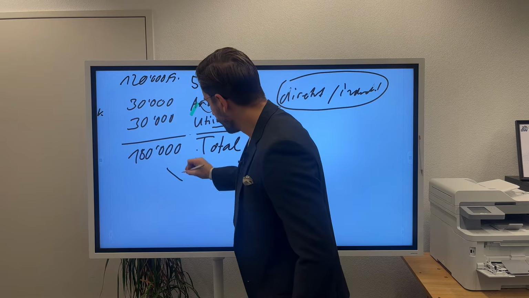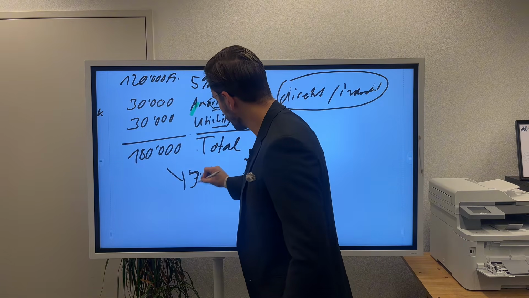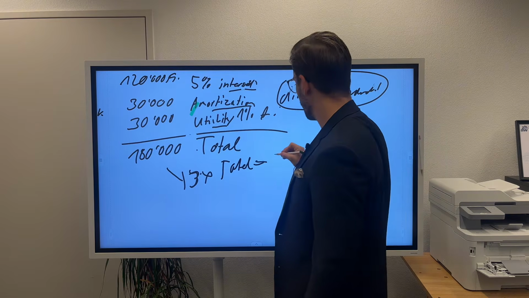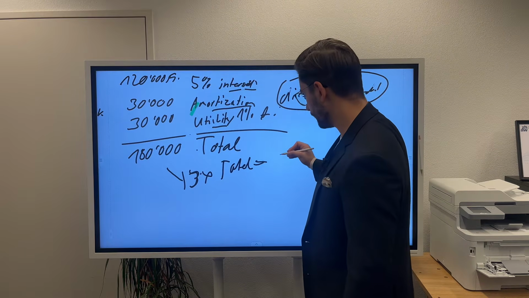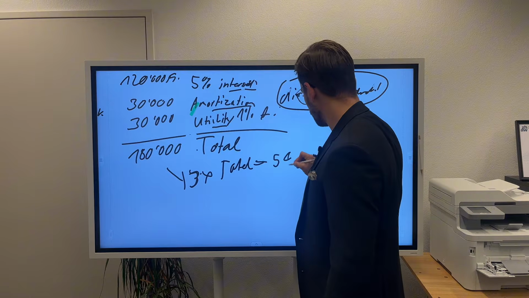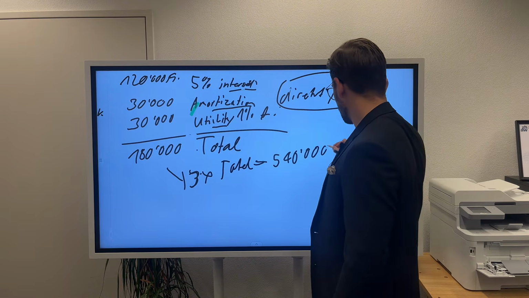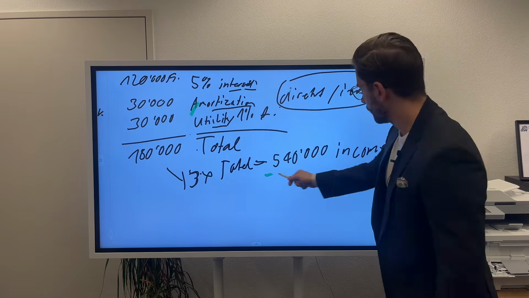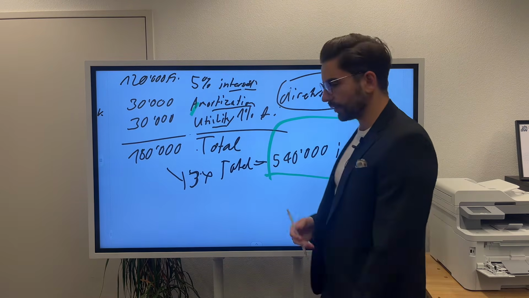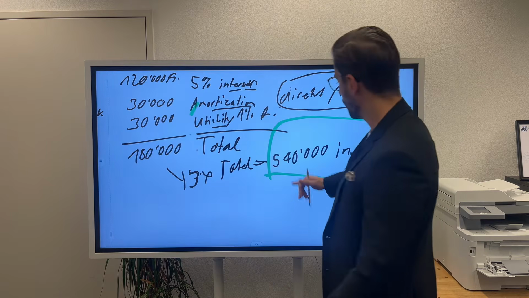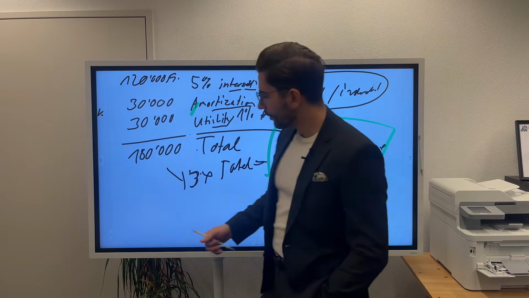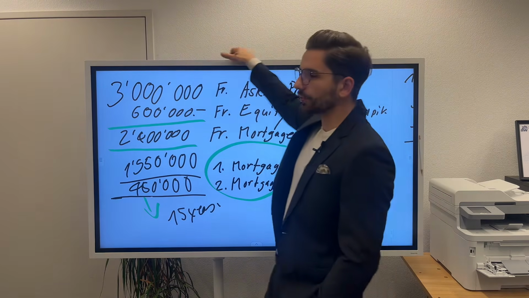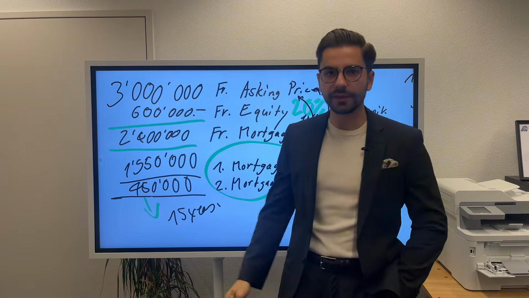Now, how do you get approved? You need to make 3 times the total, meaning 3 multiplied by 180 is 540,000 per year income. You need an income by yourself, with your wife, of 540,000 if you're going to make a down payment of 600,000 to be approved for an apartment or a house in Zug or Zurich for 3 million.